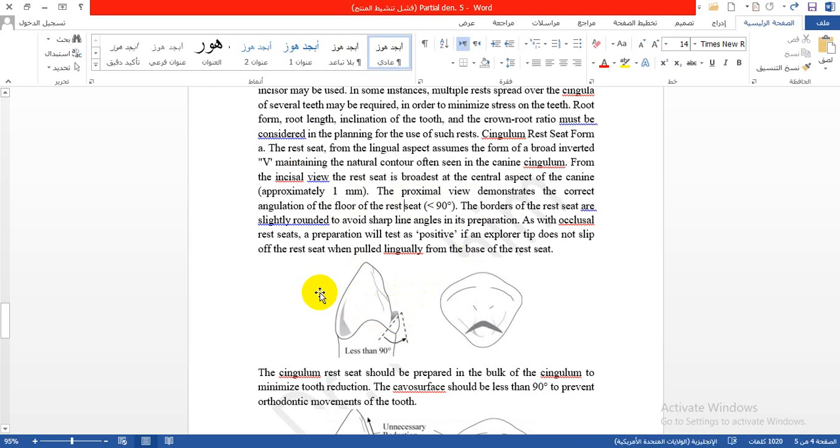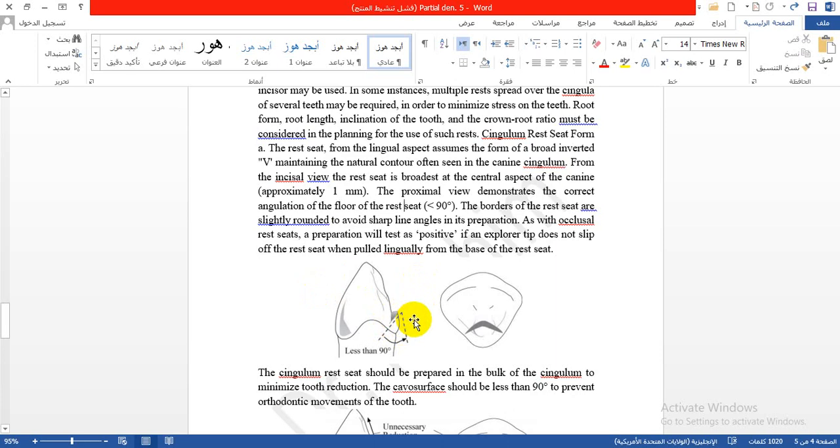The proximal view demonstrates the correct angulation of the floor of the rest set less than 90 degree. مثل ما تشوفون هنا حوالي less than 90 degree.